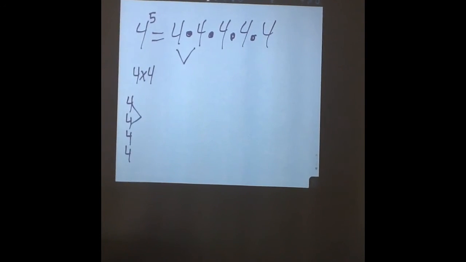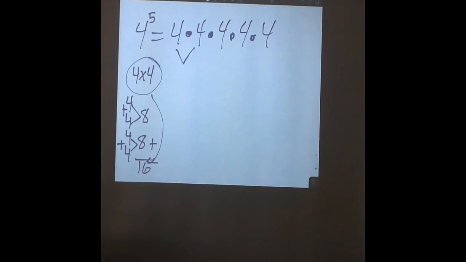If I added these 2 4s together, that would be 8. And if I added these 2 4s together, I would have another 8. And so 8 plus 8 is 16. That's what 4 times 4 equals.